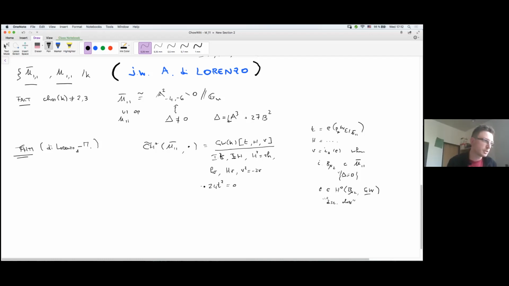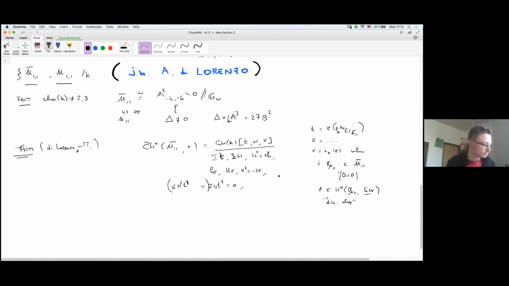And to be more precise, this 24T squared should be written really as 6H squared T squared, because in this way we clearly see the relation between this number and the product of the Euler classes of O minus 4 and O minus 6.